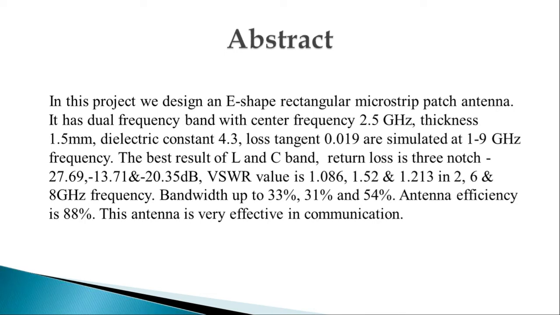The best result of the band is its return loss in 3 notches minus 27.69, minus 13.71 and minus 20.35 dB. VSWR value is 1.086, 1.52 and 1.231 at 2, 6 and 8 GHz frequency. The bandwidth is up to 33%, 31% and 54%.